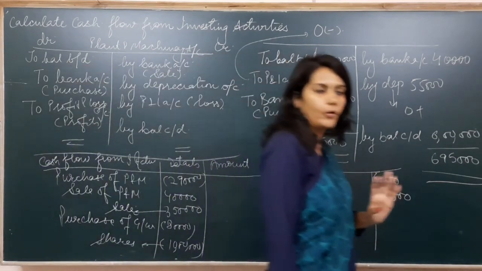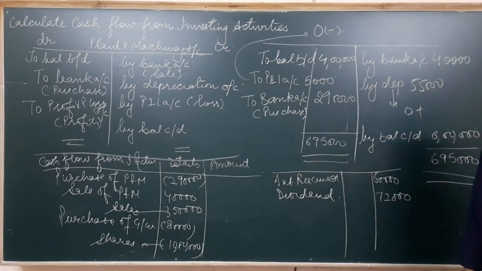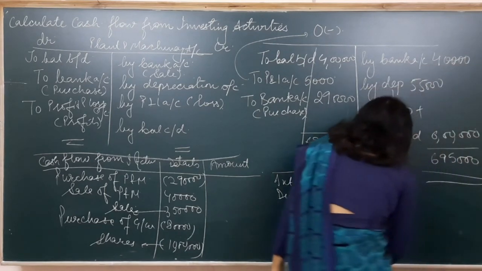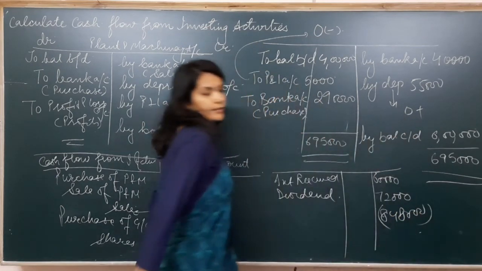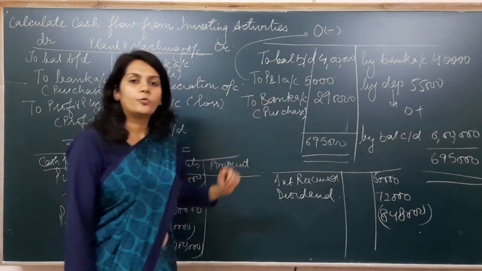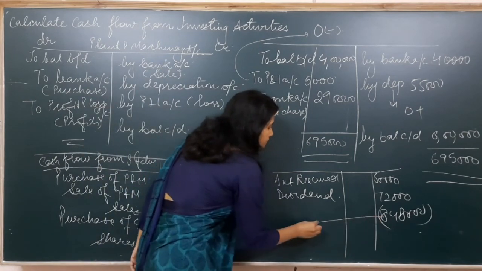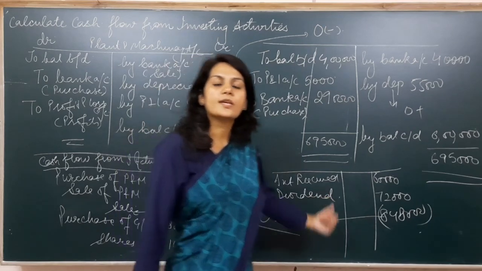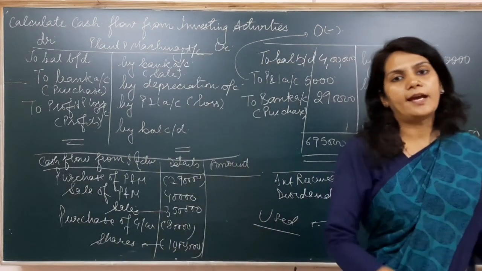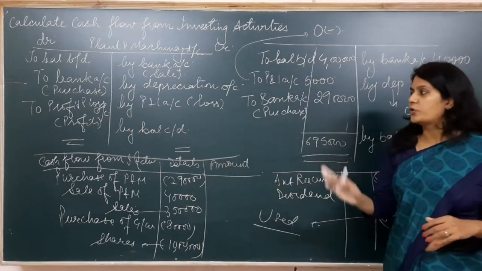So you know how to solve it. After solving, the answer comes 8,48,000. But this answer is coming in negative, right? So what word are we going to use? I'm going to use the word cash used. Cash used in investing activities 8,48,000. So I hope this question is clear.